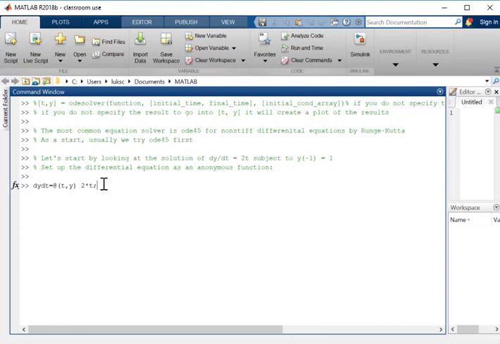I've got a function. What I want to do is set it up so that I get t, y is going to be the solution. Now my ODE solver in this case is ODE45. Again, that's the most common one. And I'm solving the function dy/dt subject to the initial conditions that when t is equal to -1, y is equal to 1.